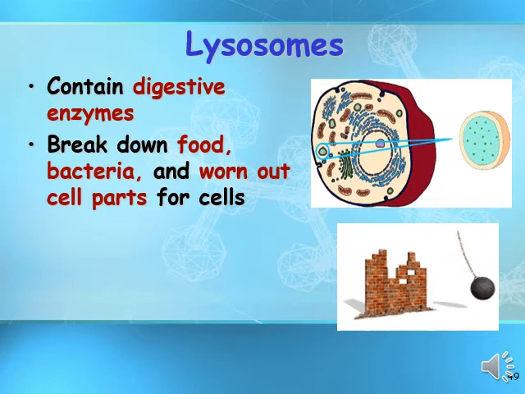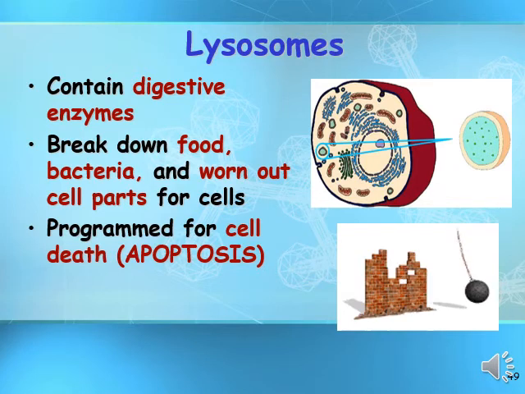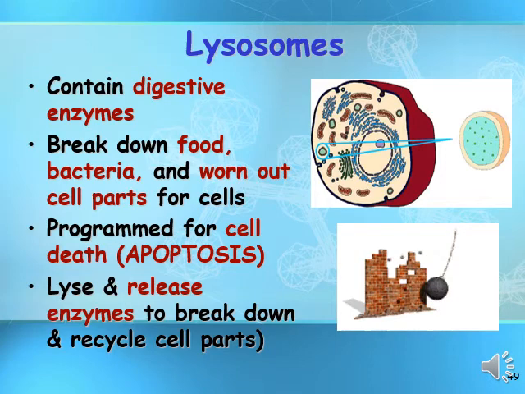Also, unneeded waste is thrown out using these lysosomes. And for programmed cell death, the lysosomes release enzymes to break down and recycle cell parts. Recycling of cellular parts is performed by lysosomes.